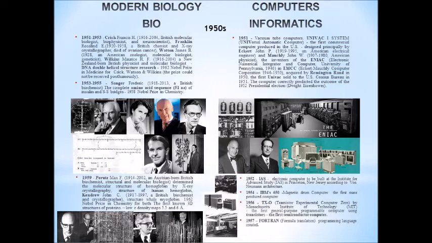So next were electronic computers, the first electronic computers also in the 50s, based on lamps. And of course, the first programming languages, like for instance Fortran. Let's go to the next decade.